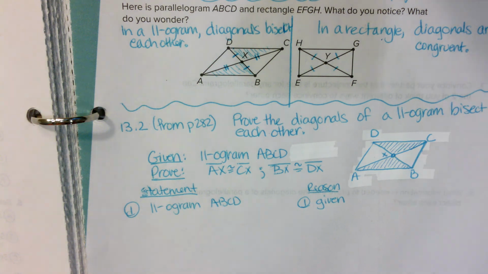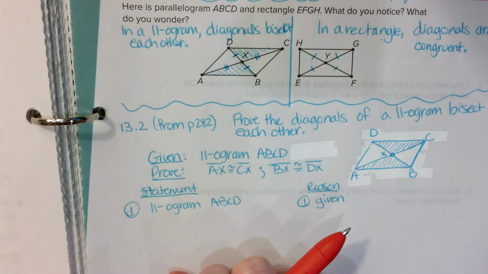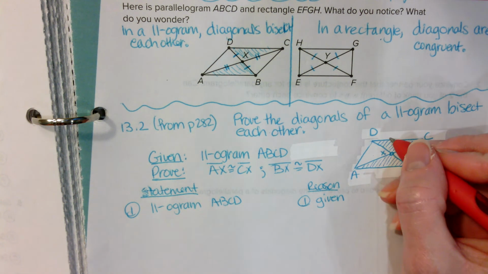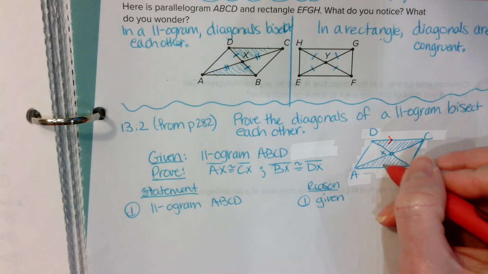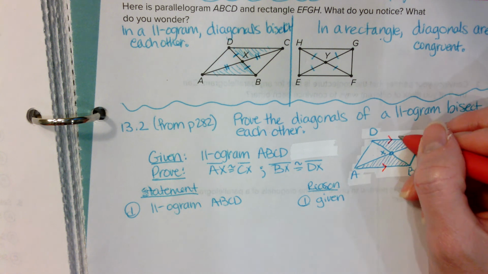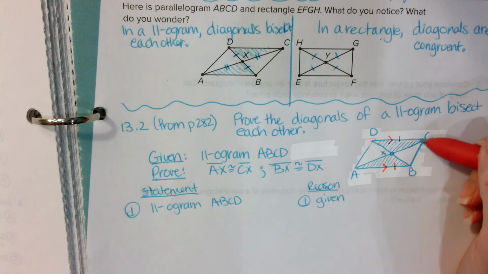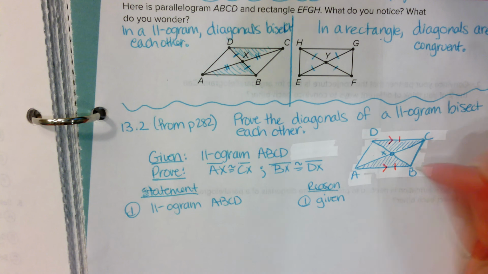I need either side, side, side, or angle, side, angle. So let's talk about the things I know because it's a parallelogram. First of all, I know that opposite sides are parallel. Also, I've proven in Lesson 7 that opposite sides are congruent. So I do have this top side and this bottom side congruent to each other.